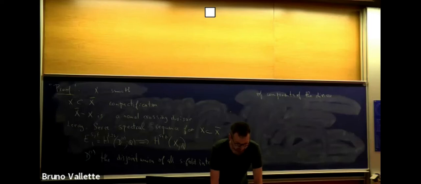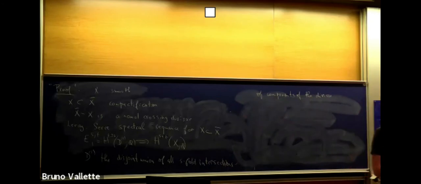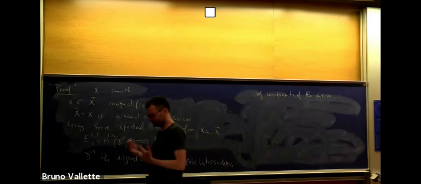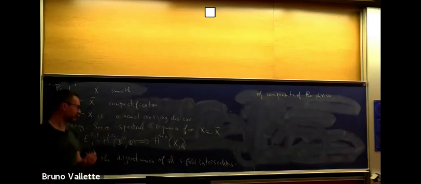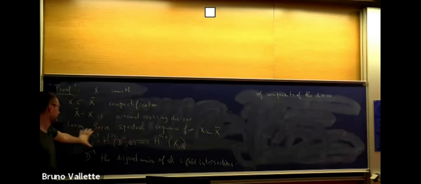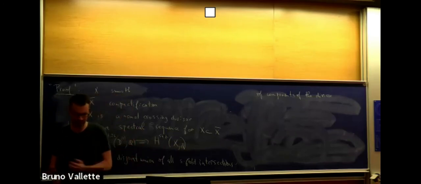You mean varieties defined over a field of positive characteristic? But you want the coefficients of your cohomology to be of positive characteristic, or the field of definition of your varieties? The weight filtration actually exists for any field of coefficients. This spectral sequence really doesn't depend on having Q here. It would work for any field of coefficients.